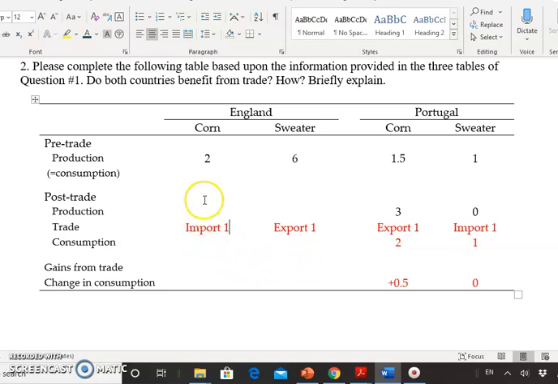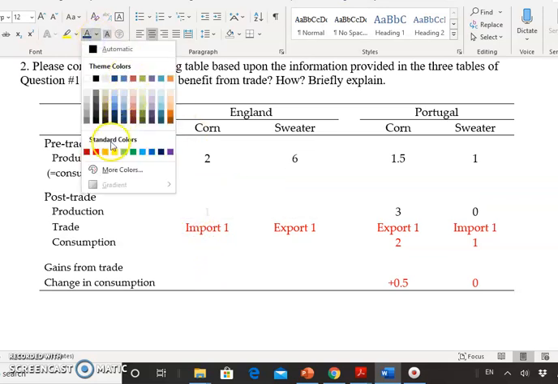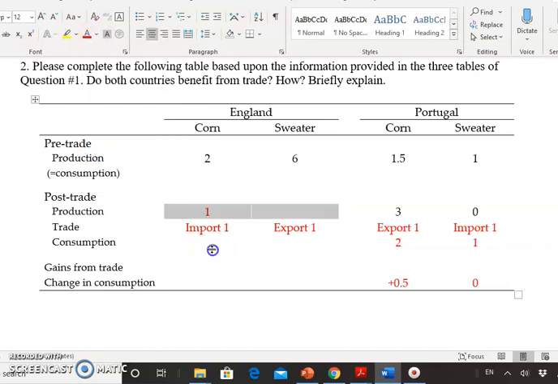Now, again, if you look at the corn, if we want to keep the consumption of corn in England the same as the pre-trade case, it has to produce at least 1 corn.